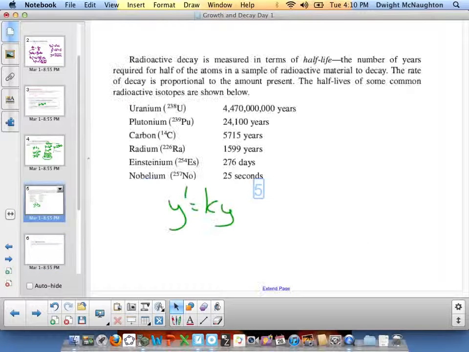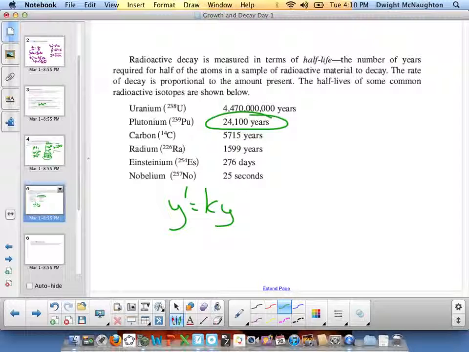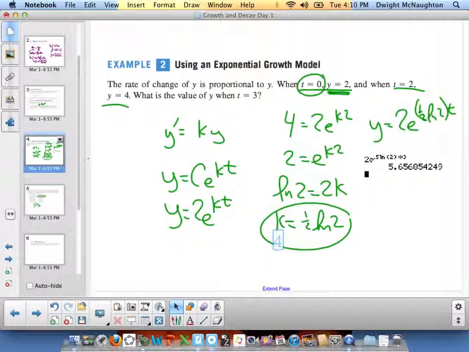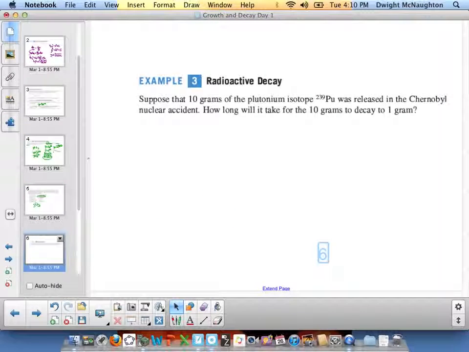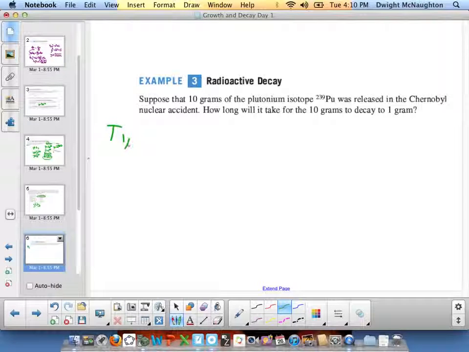All right, so plutonium has a half-life of 24,100 years. Since it follows the equation y equals Ce^(kt), we know that 10 is our starting amount.